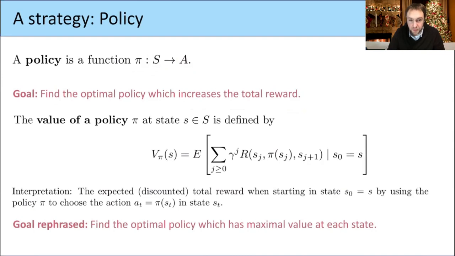And here was maybe the first confusing formula, which is the value of a policy pi. The statement is that this is a function on the set S, so I can get the value for each state. The value of a policy at a state S is this here.